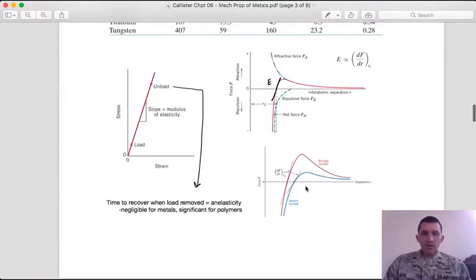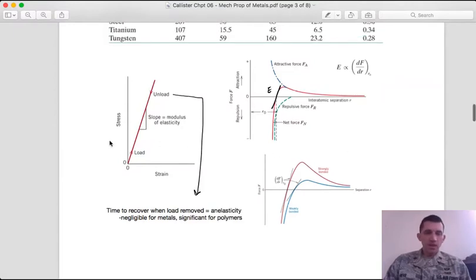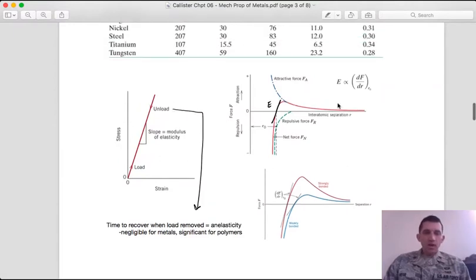And then if I compare two materials, one that's weakly bonded, one that's strongly bonded, I would expect to see a change in slope here, with a steeper slope for the strongly bonded and a shallower slope for the more weakly bonded. And this is only applying to the elastic region of a stress-strain curve.